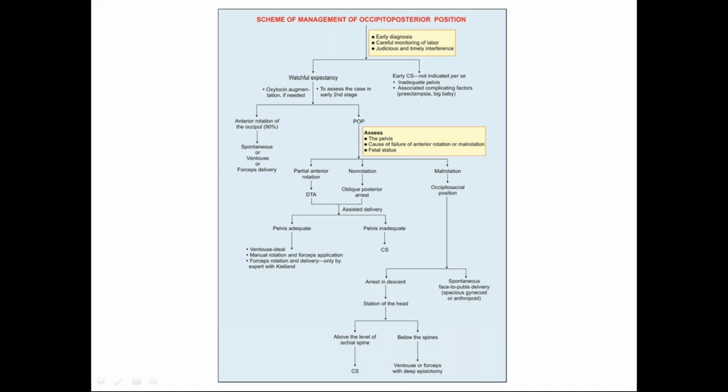If inadequate, then cesarean section. In malrotation, when the occiput moves toward the sacral promontory, spontaneous delivery may occur. If that is not possible, arrest will be there. In case of arrest above the ischial spine, cesarean; below it, ventouse or forceps can be applied.